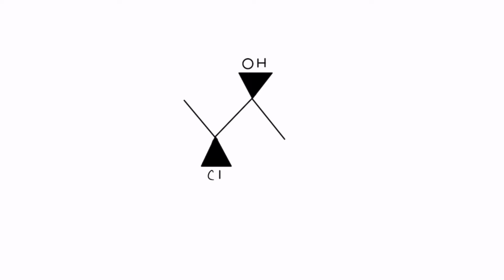When you turn it around, you're actually going to get this compound, because what was originally pointing away from you on the dash is now pointing towards you on a wedge. While that chlorine was drawn on the dash position, now we see it drawn on the wedge. Likewise for that oxygen, it was originally drawn on a dash, but now it's drawn on a wedge.